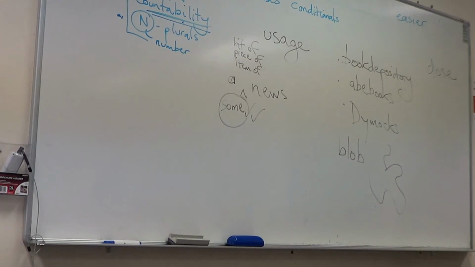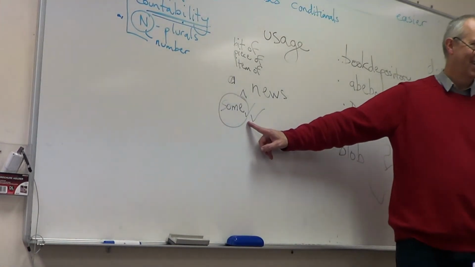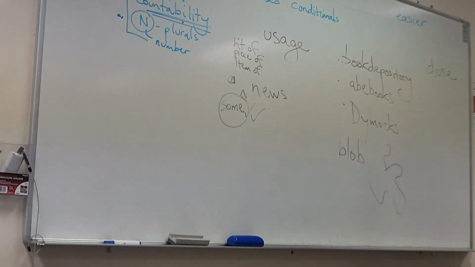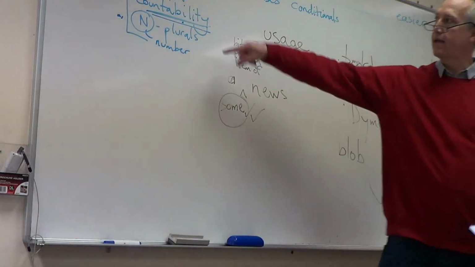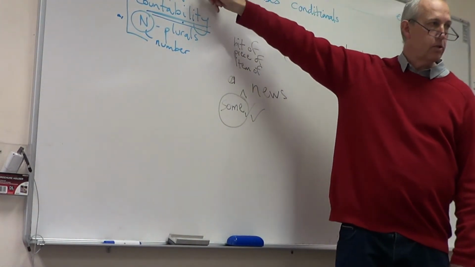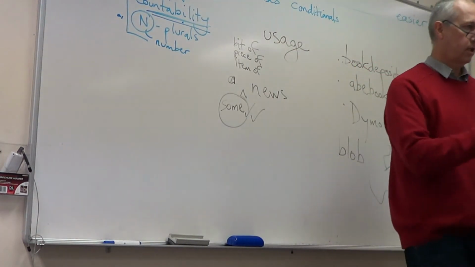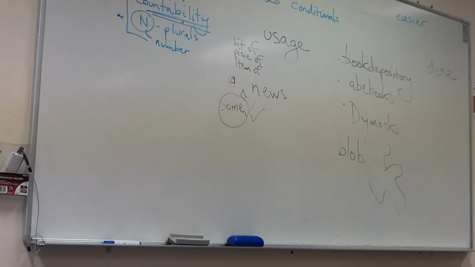Can you say some music? Yes. You can pick any noun now and put some in front of it, it's going to work. You mean before any uncountable nouns, we cannot put a? That's right. That's one of the rules. When we get into our rules here, before an uncountable, you can't put a. You can put the in certain conditions, but you can't put a or an.